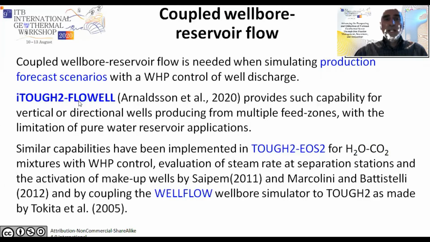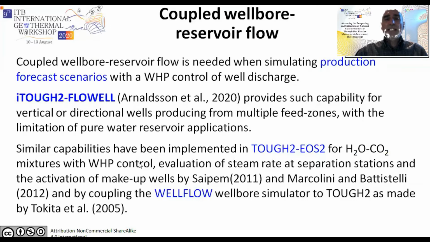And Flowell is a wellbore simulator which has been integrated into iTOUGH2, and it provides such capability for vertical or directional wells producing from multiple feed zones, with a limitation of pure water reservoir application.